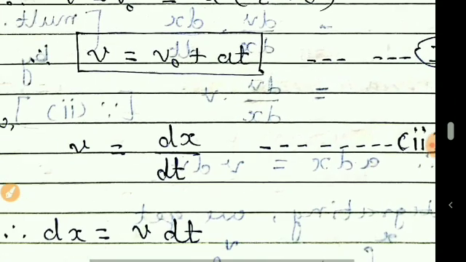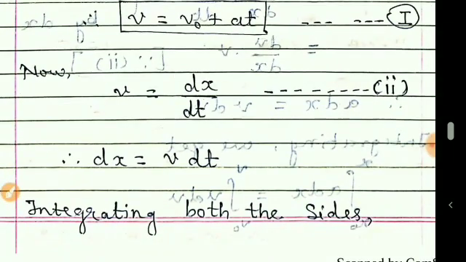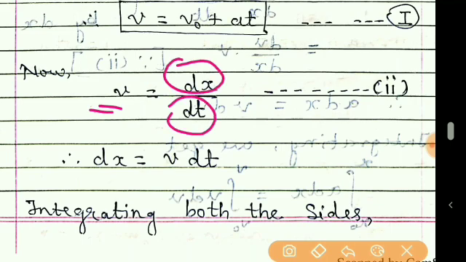Now again, velocity v is equal to displacement upon time. What is this v? It is instantaneous velocity, or simply velocity, and we have studied in our earlier lecture that v is equal to dx upon dt, small change in displacement upon small change in time.